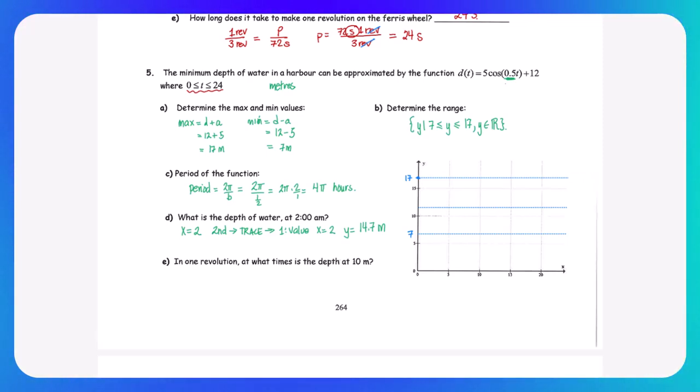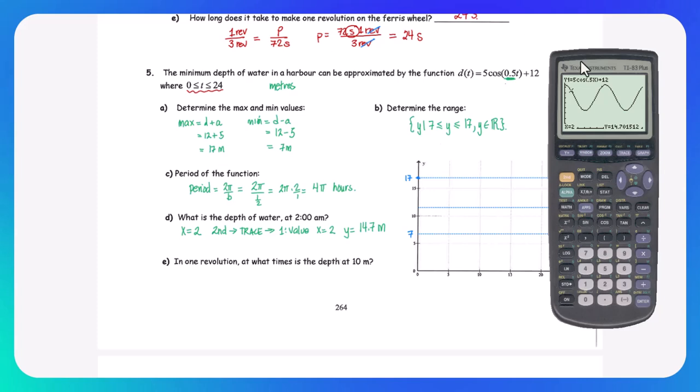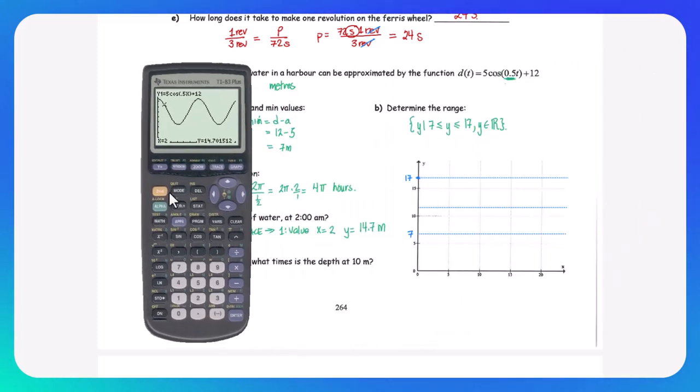We also know the period. And while we've always been taking this period and saying 4 pi and leaving it like that, let's just go ahead and see what that equals. If we look at 4 pi, let's quit out of there and go 4 times second function pi. Oh, notice that it's 12 and a little bit, okay?